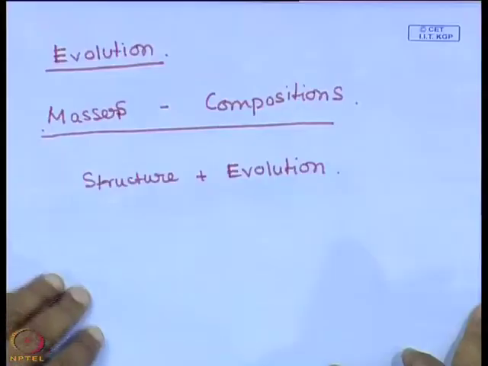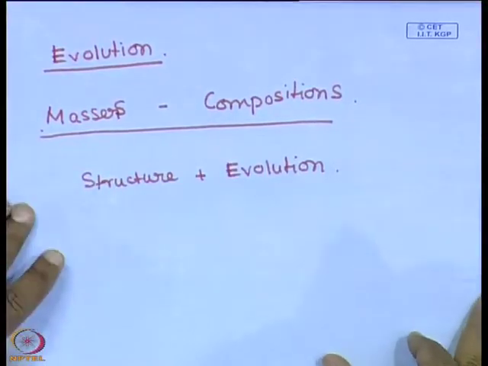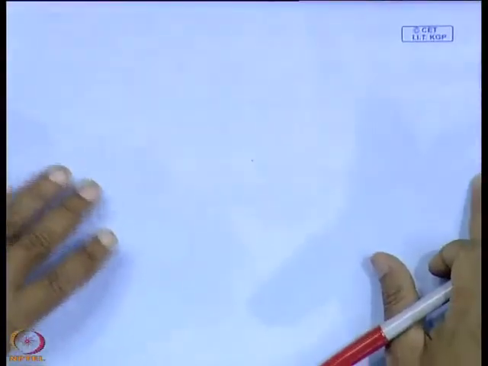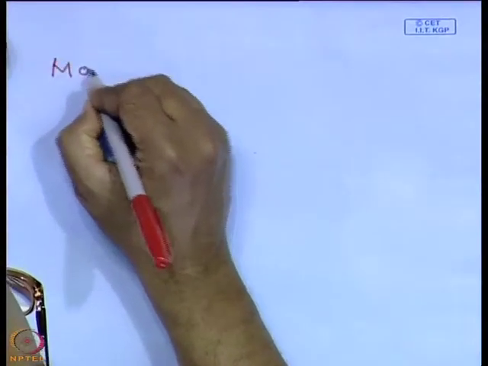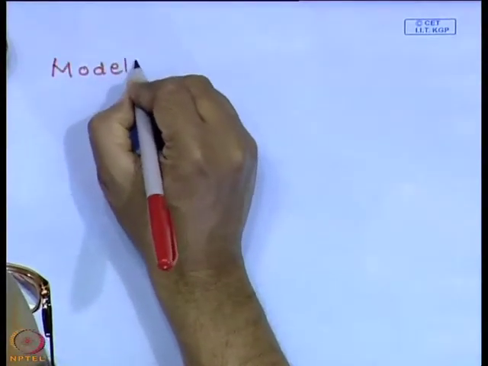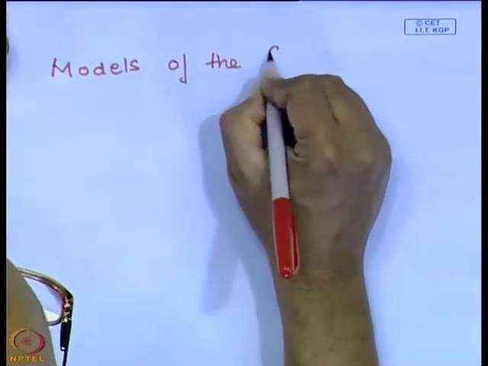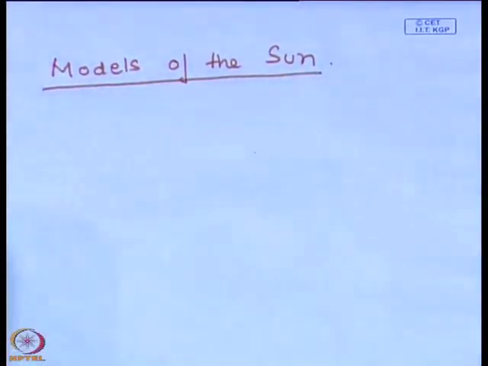Okay. So, there are now currently existing solar models which have been obtained by this process. Okay. So, there exist models of the sun which have been built up like this.